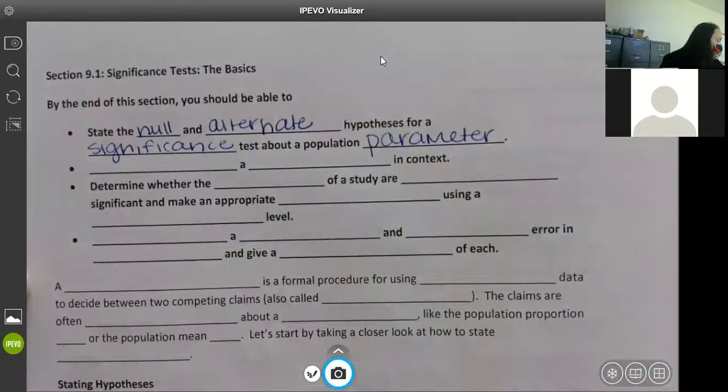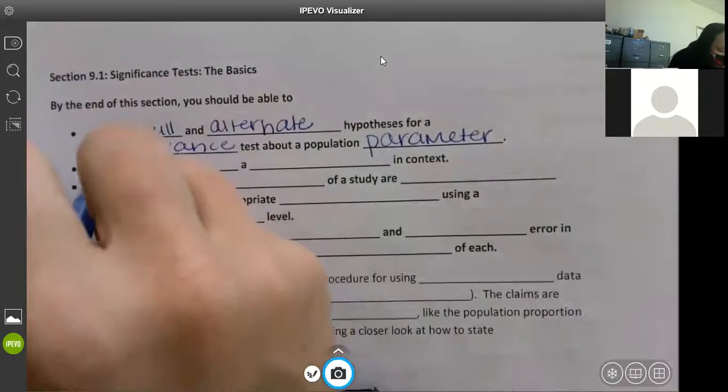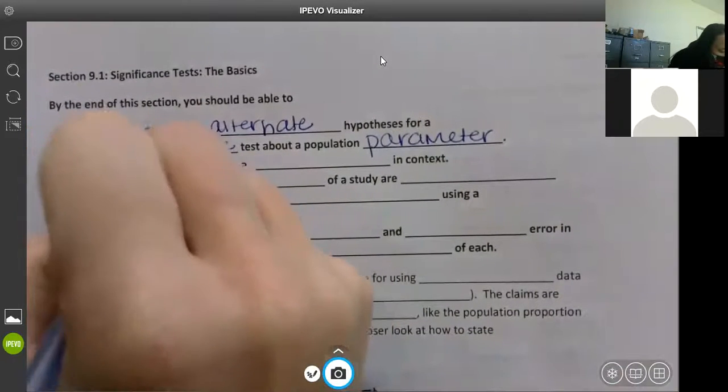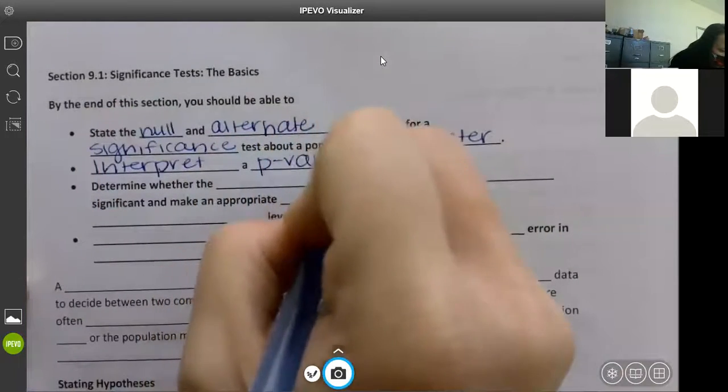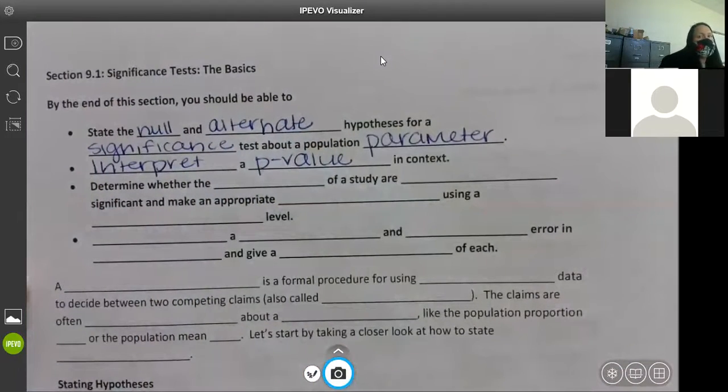Really simple. You're going to be able to interpret a p-value in context. So that's the same thing as interpreting the mean or interpreting the standard deviation. You'll have the same sentence, you just change it with whatever your p-value is in your context. So it's the same thing over and over again.